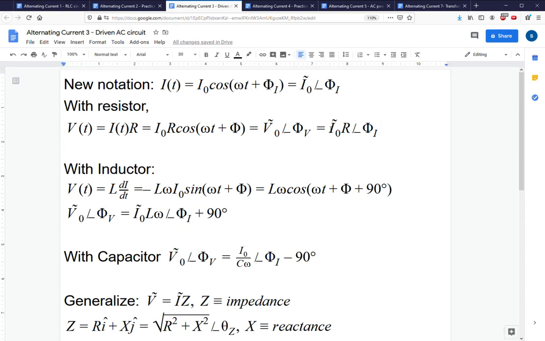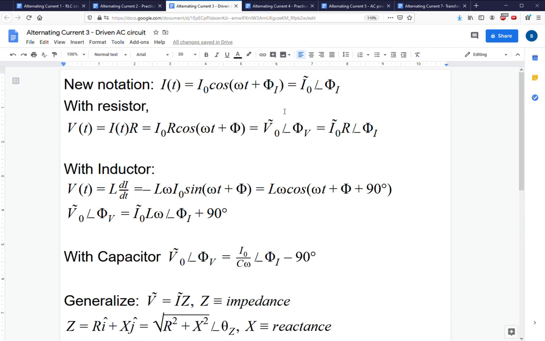I is I twiddle, so I twiddle R times angle phi is equal to V twiddle angle phi V. So the magnitude of V twiddle is equal to the magnitude of I twiddle times R, and the phase angle of voltage is equal to the phase angle of current. With a resistor, voltage and current go together.